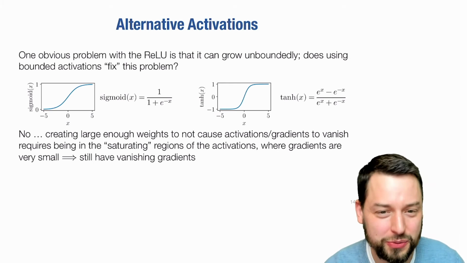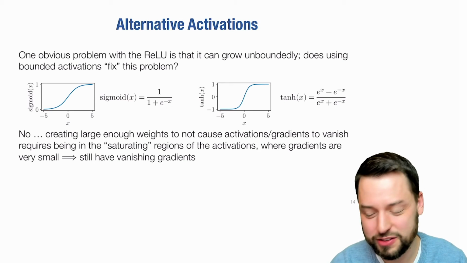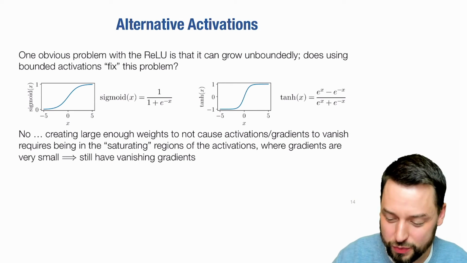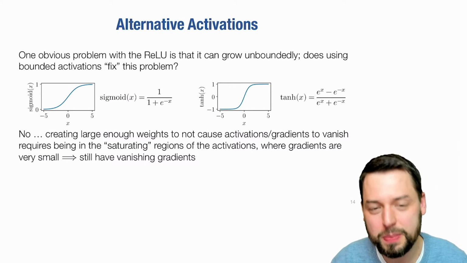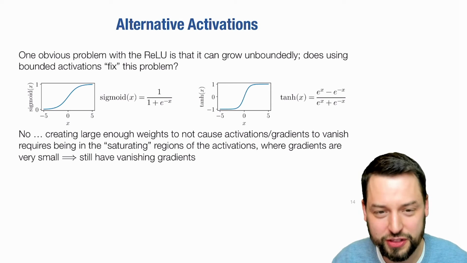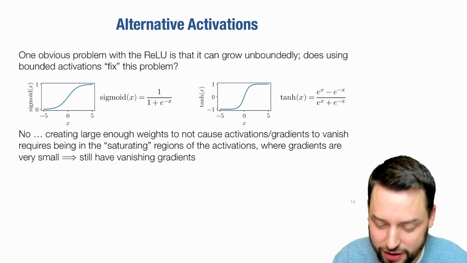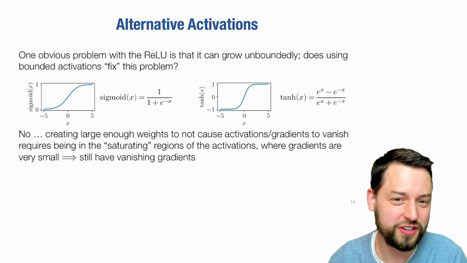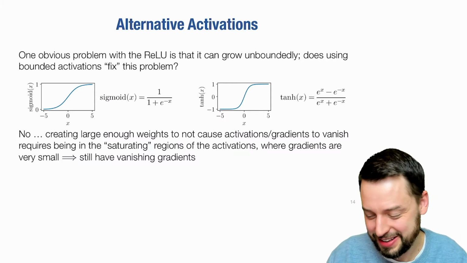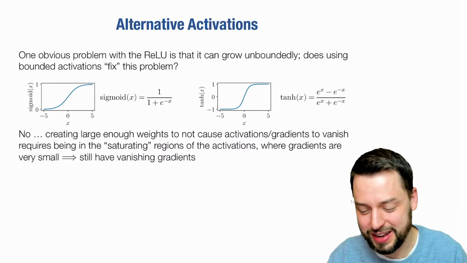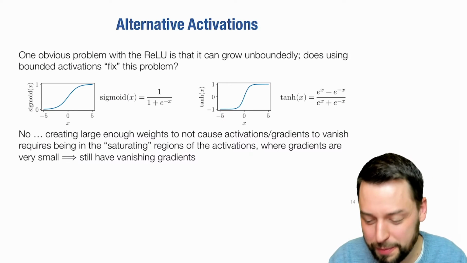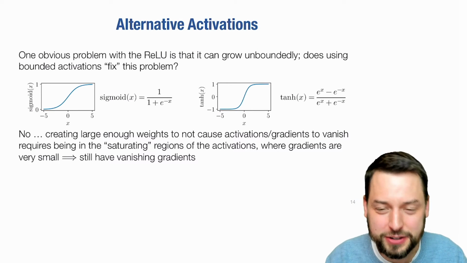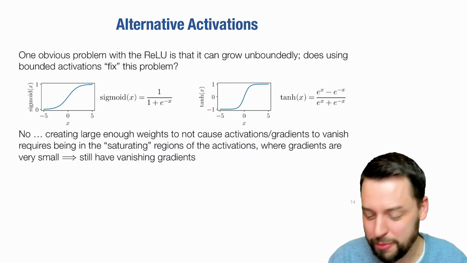You're forcing your activations to be limited to -1 or 1, or 0 or 1, so you're not going to have the exploding activation problem. But it turns out these by themselves don't solve the problem.